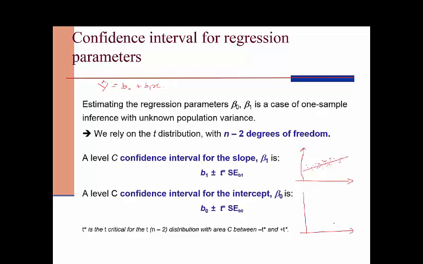Versus I have another data set that looks like this, and the line is pretty much straight. So here I cannot use the model, right? So this is a no relationship.